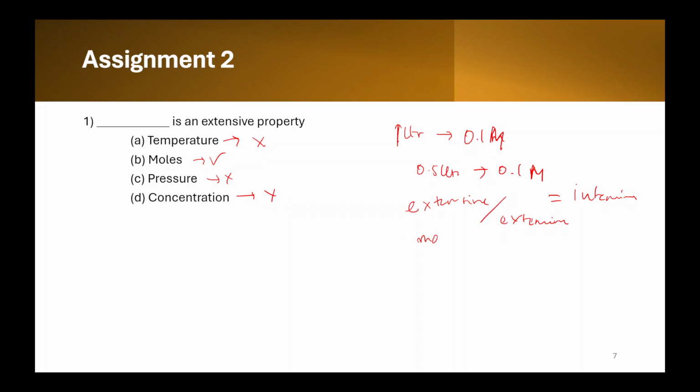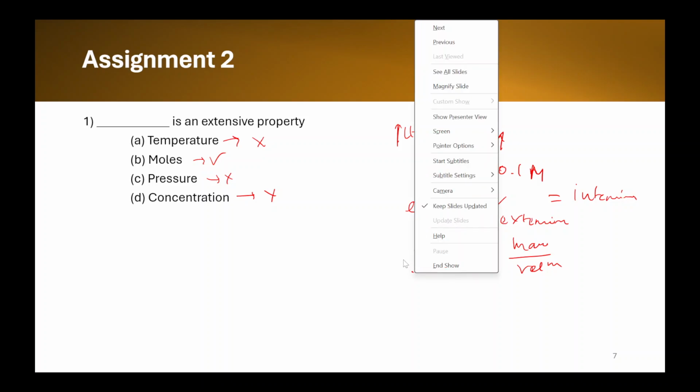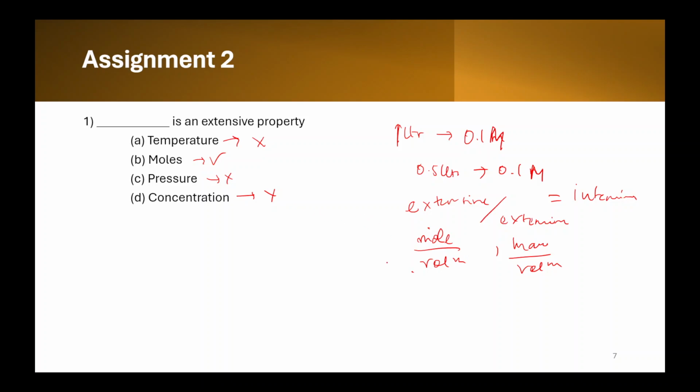Concentration can be moles per volume or mass per volume. Mole is an extensive property, volume is also an extensive property. So division of these two will give us an intensive property. So concentration is also an intensive property. So the correct answer here is moles.